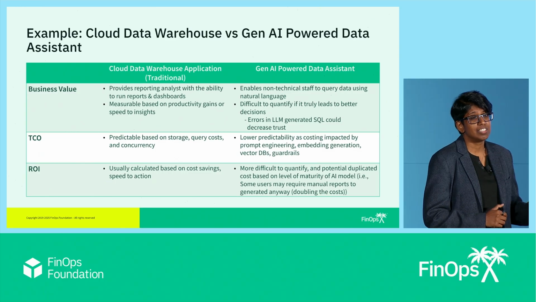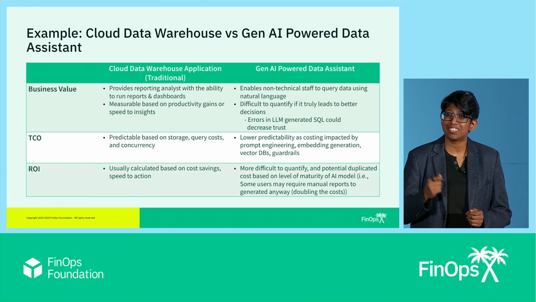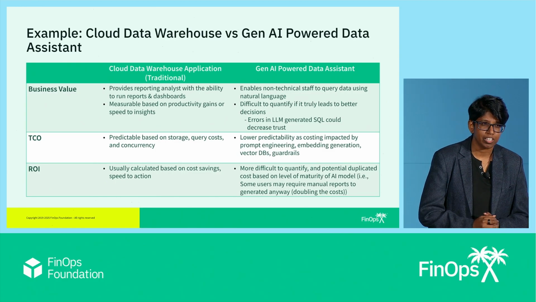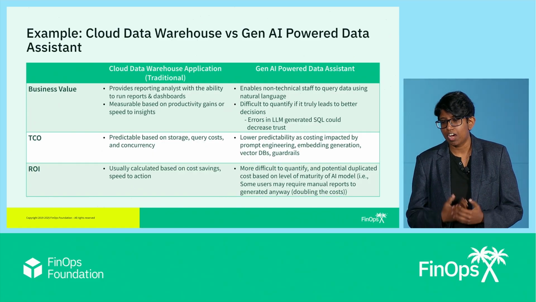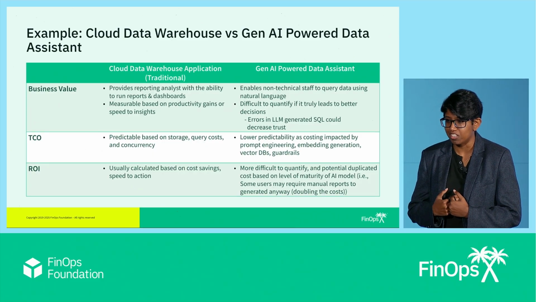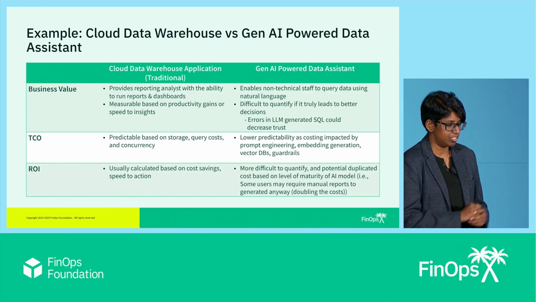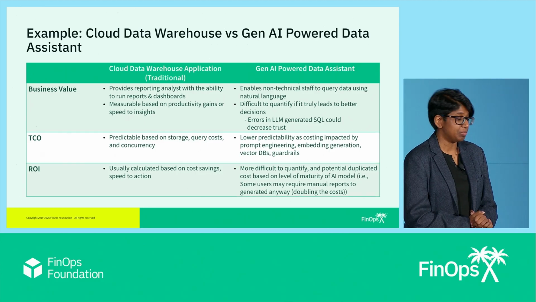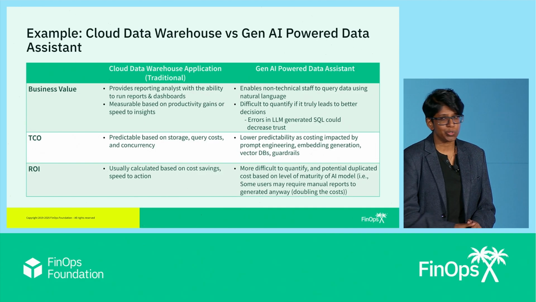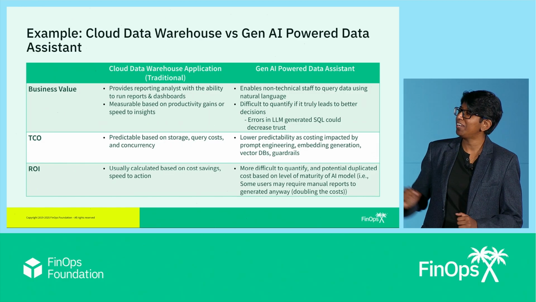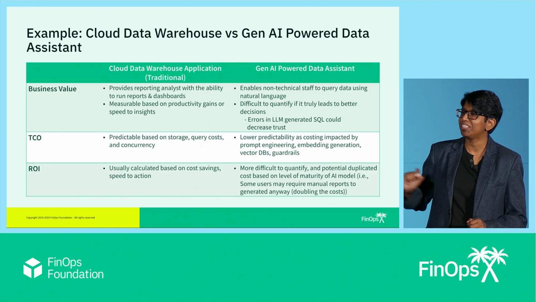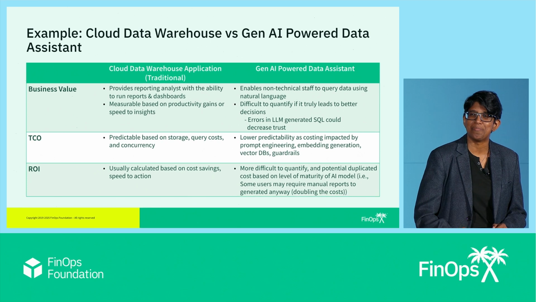And again, with the GenAI powered assistant, it's a lot more difficult to quantify, especially if I try going and saying, hey, get me a report that shows me all my savings from this, and I get a number, I look at it, and then I go to Natasha and I say, do you mind running this report for me and doing the calculations and telling me if those numbers match?